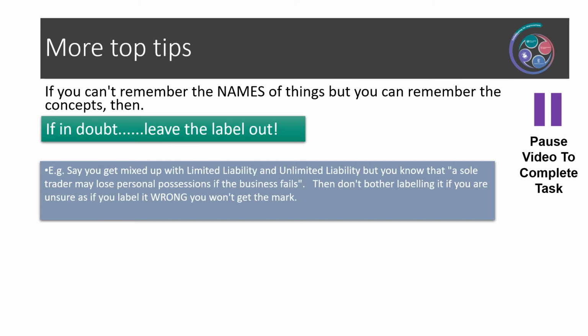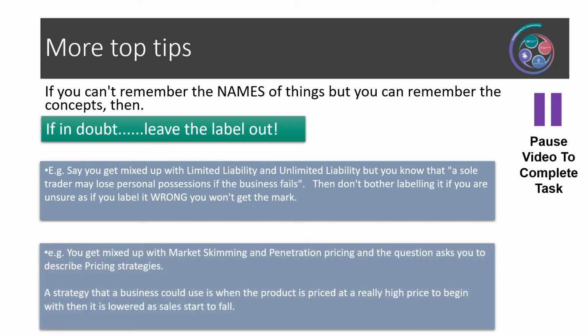Because if you label it wrong, then you won't get the marks. So say if you said a sole trader has limited liability, which means that they lose their personal possessions, unfortunately you won't get credited with that. Give you another example. Say if you get mixed up with market skimming and penetration pricing, and the question asks you to describe pricing strategies.